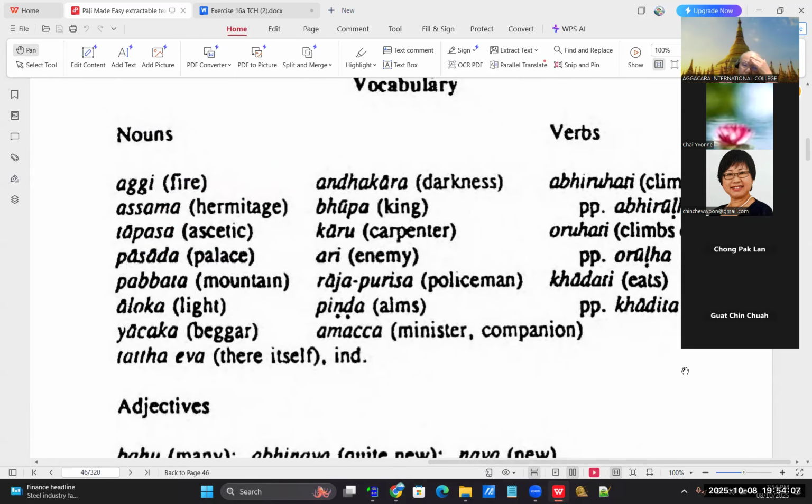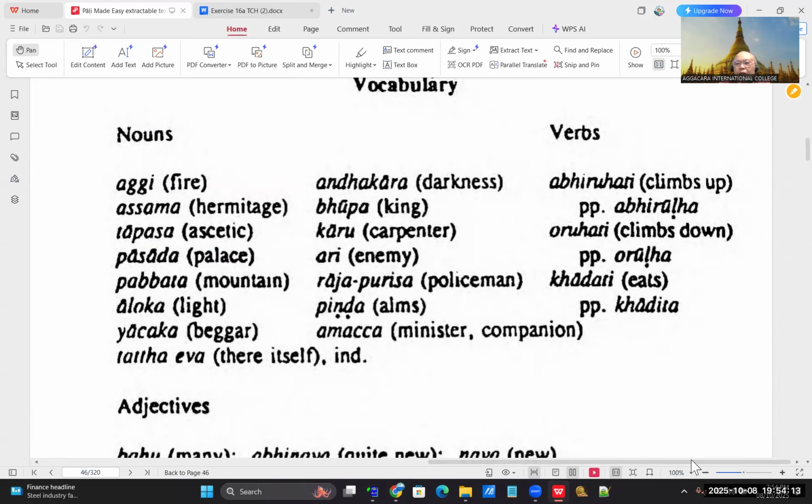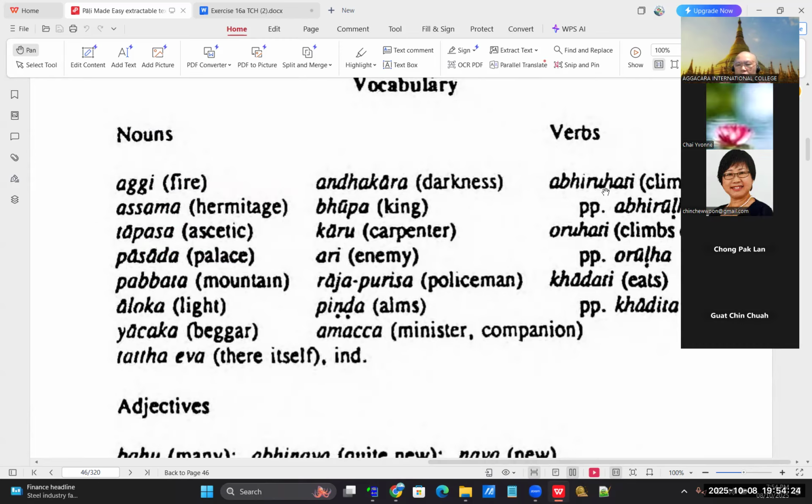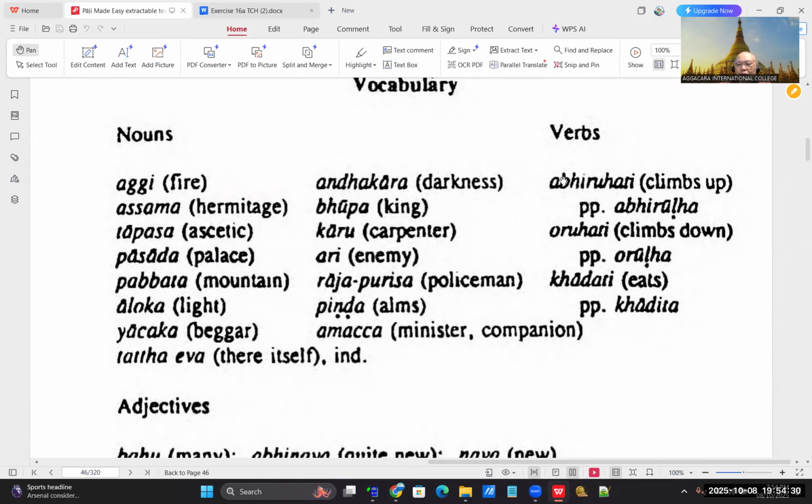It helps you to build up your Pali grammar, and helps your Pali sense. Now this one. Abhiruhati. All right. Abhi is like in abhidhamma. It's a prefix here. The root will be ruh, R-U-H. Okay. Ruh plus a and ti. So you can do the verb declension yourself. So next one. You see the word abhiruhati is climb up.